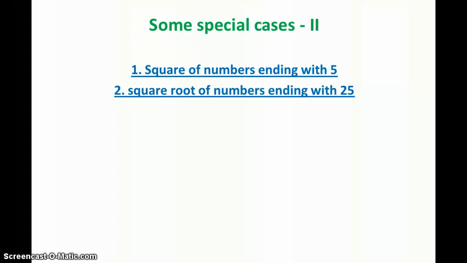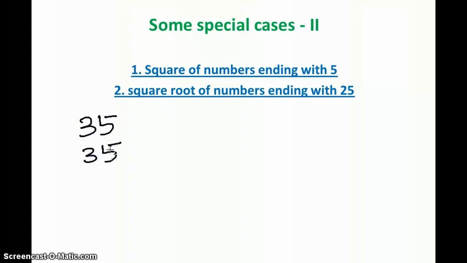First thing is the square of a number ending with 5. It is quite simple. From the last example we can see that when we do a multiplication, let's say I want to find the square of 35, that means it is actually multiplication of 35 into 35.